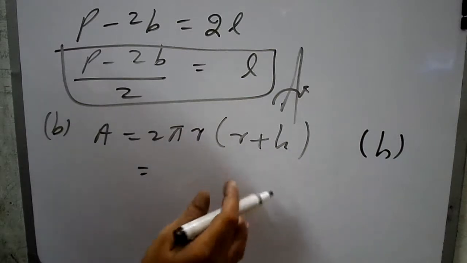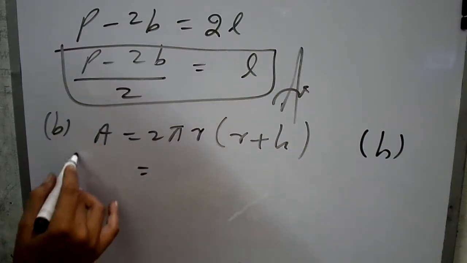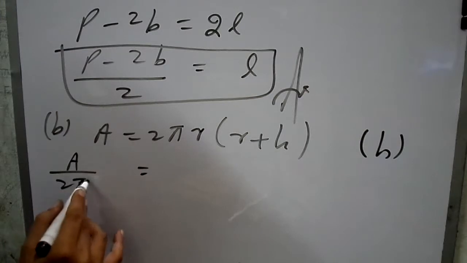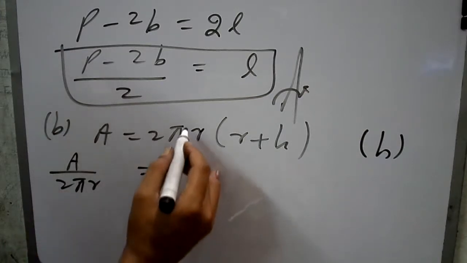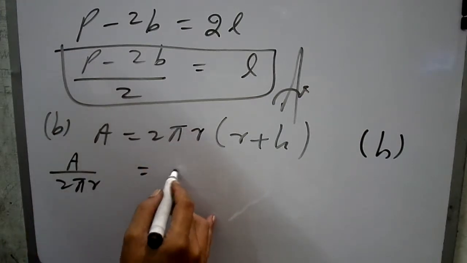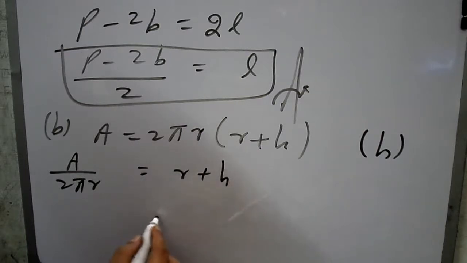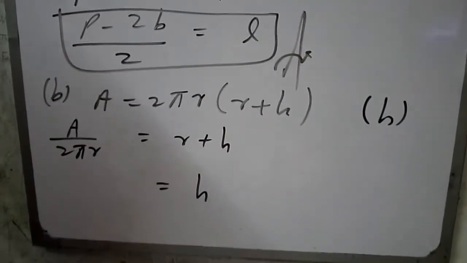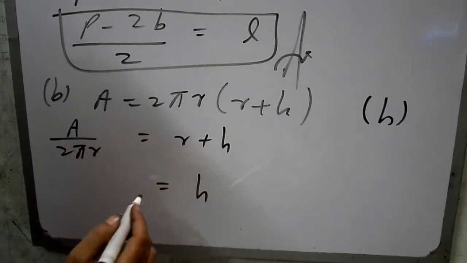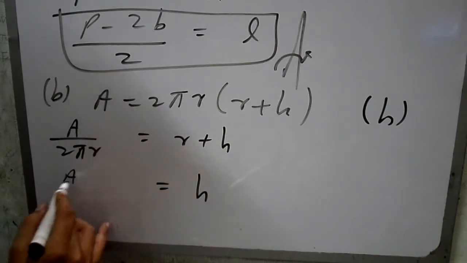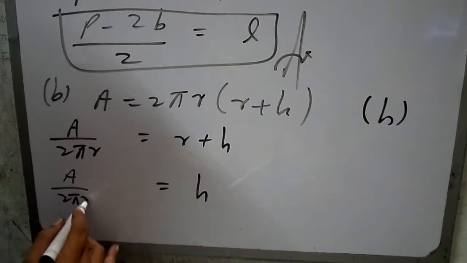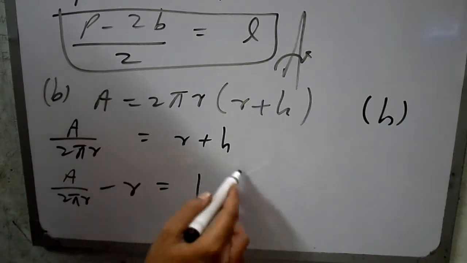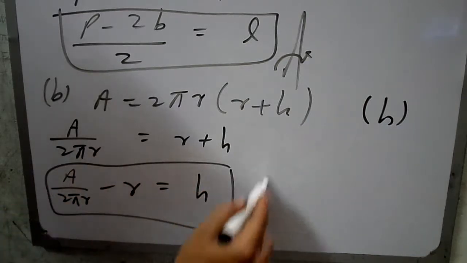But you need the value of this, so divide it here, A divided by 2 pi R, and you will get R plus H will remain here. But you need the value of H, so shift here, that is A divided by 2 pi R minus R, so here H as a subject.